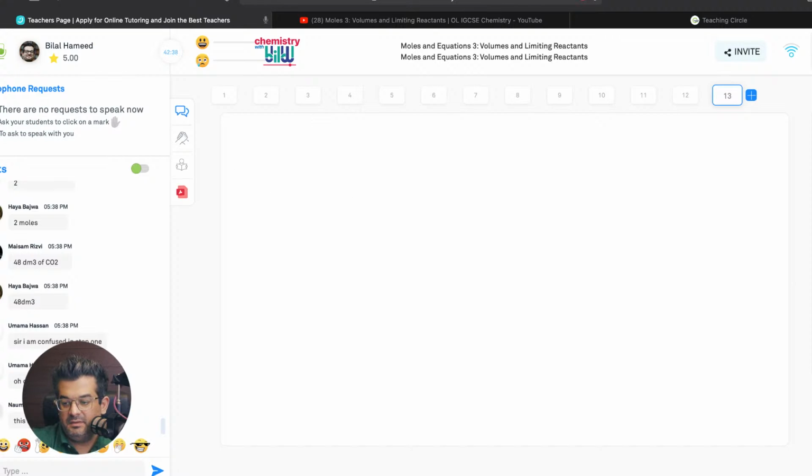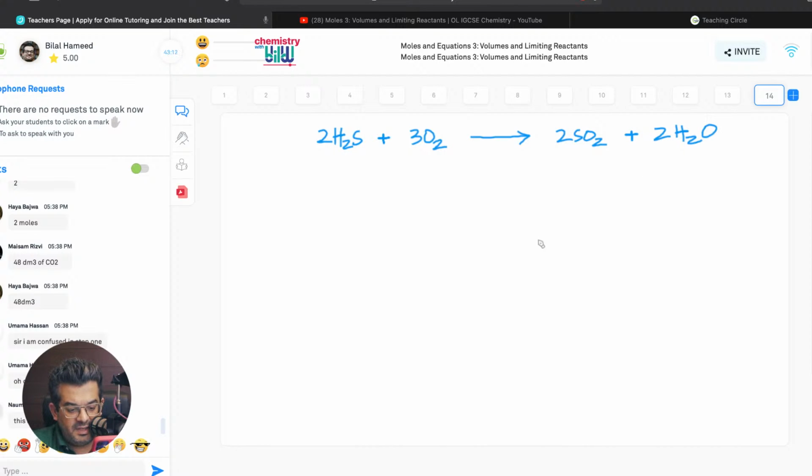Let's say I tell you that 2 moles of H2S reacts with 3 moles of oxygen to make 2 moles of sulfur dioxide and 2 moles of water.